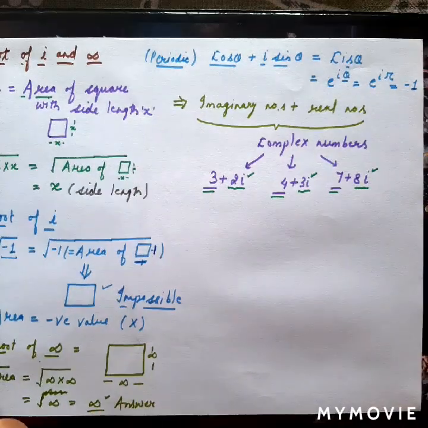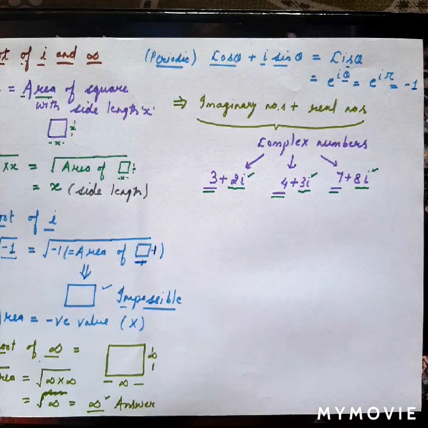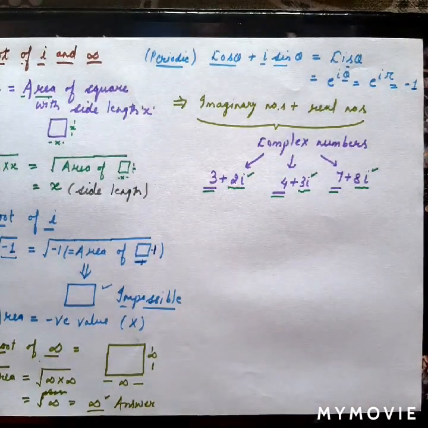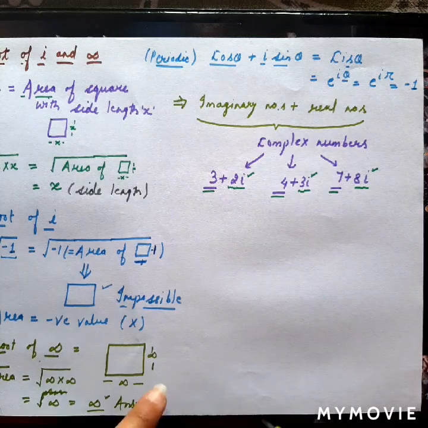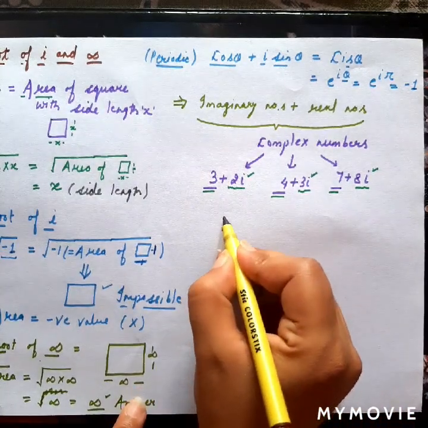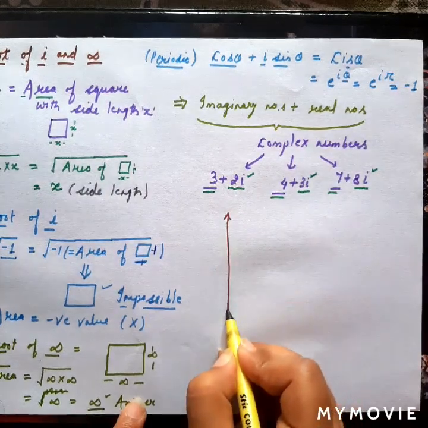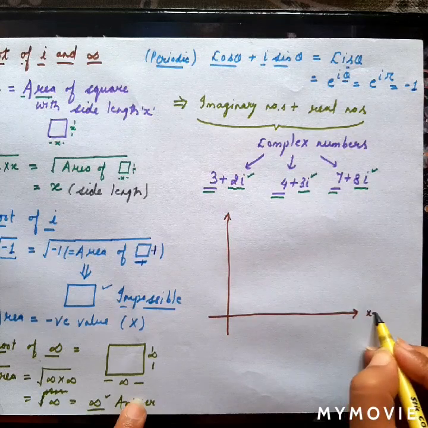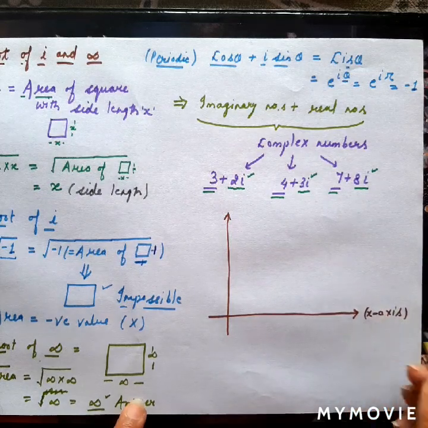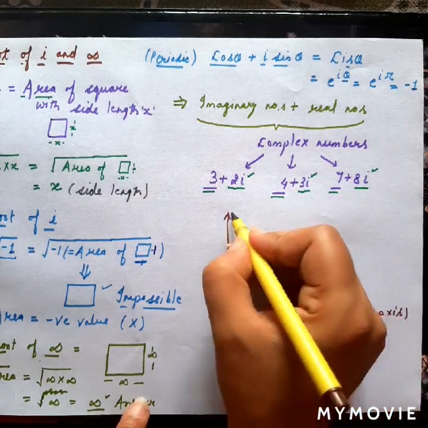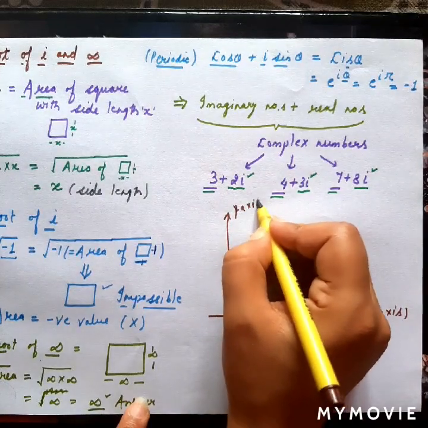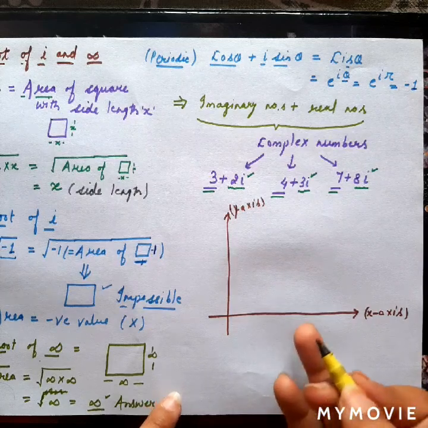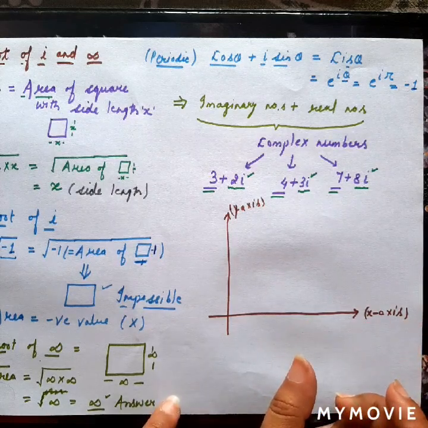And how do we define these complex numbers on our plane? Like we use number series or graphs to represent our numbers. So we have a complex plane. Like this is the x-axis where we usually represent our numbers. Here it is the y-axis, but I'm going to represent this as a complex plane.